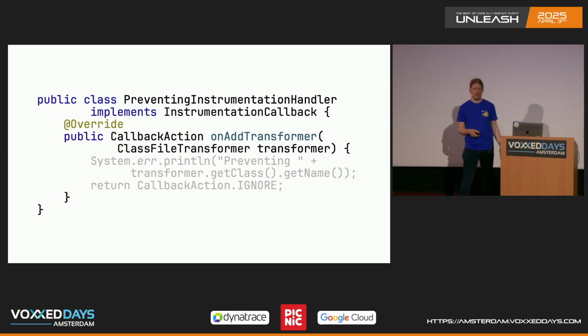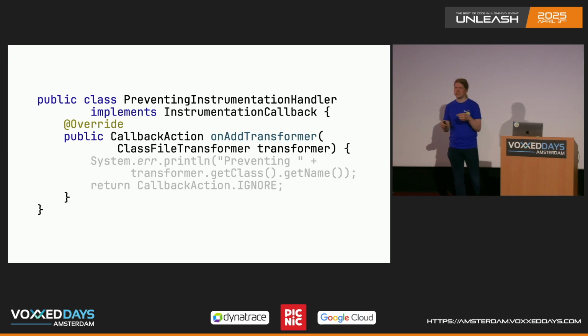Consider this: we have a callback that essentially prevents instrumentations from happening. Of course, only those happening via the instrumentation.addTransformer method, because if some library uses reflection to access it, I can't find it. I found this out because the coverage tool of IntelliJ didn't work with my tool, and they use reflection to access that transformer method.